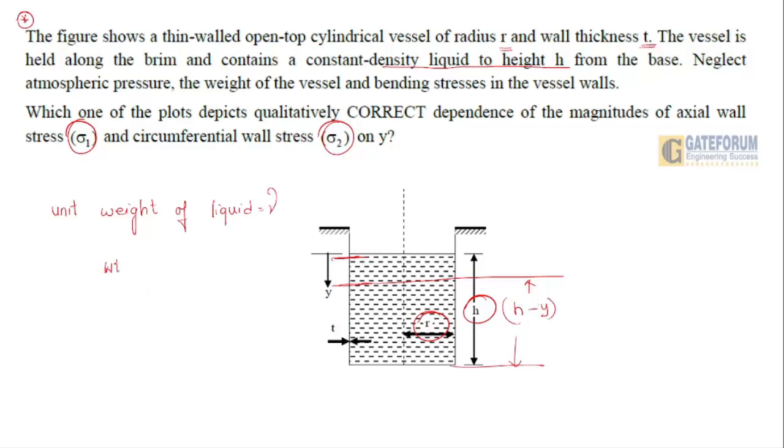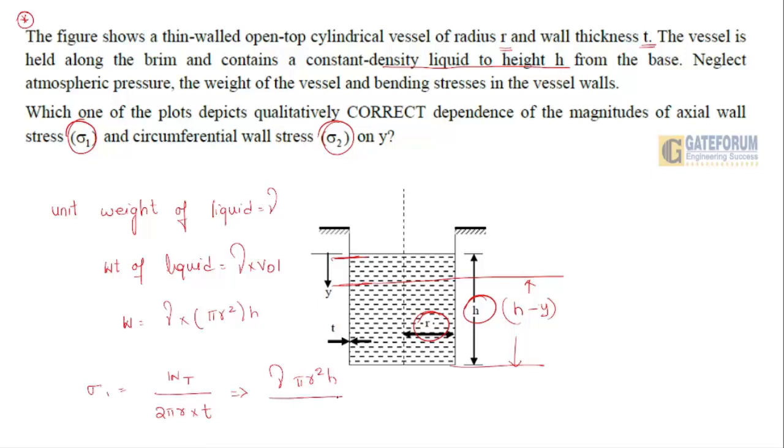When we are talking about the weight of liquid, you will get W equal to gamma into volume, gamma pi r square h. So sigma value is load by 2 pi r into t, stress. So that is gamma pi r square h by 2 pi r t, which will be gamma R H by 2t. This will be the sigma 1 value.